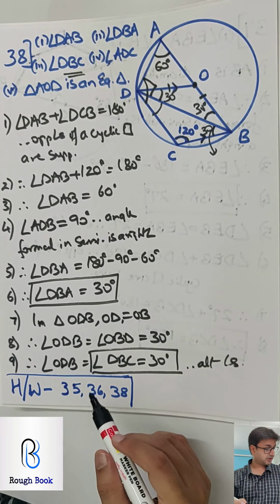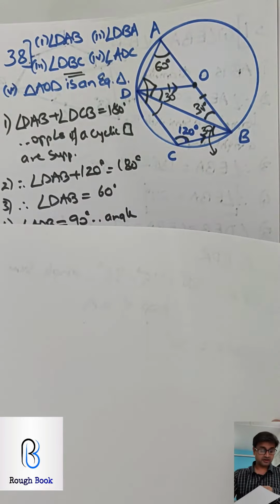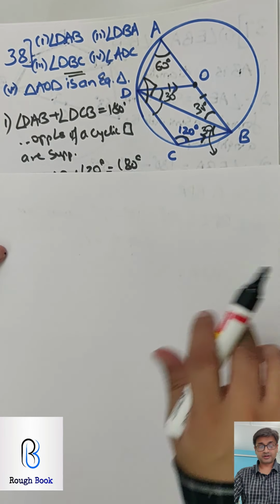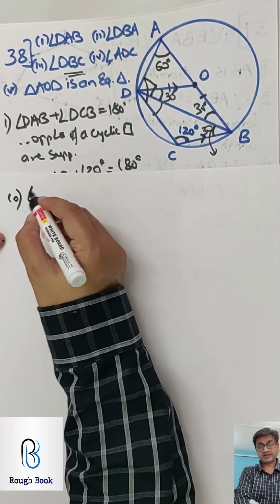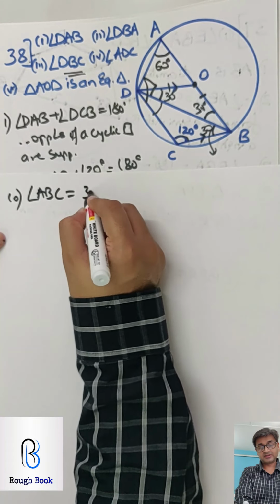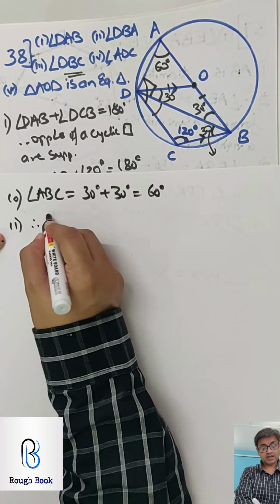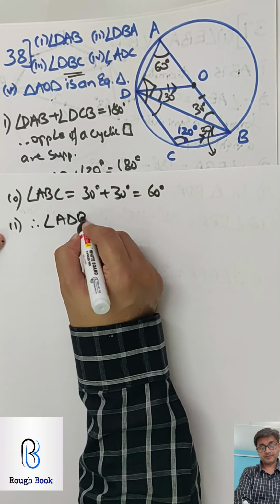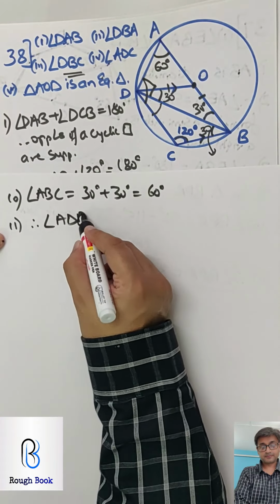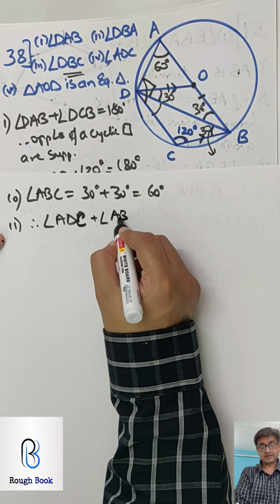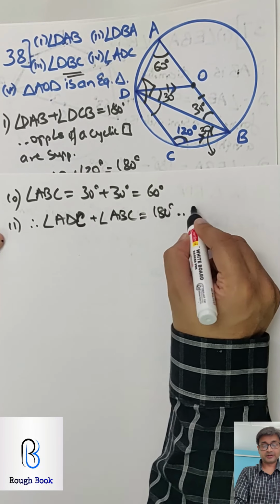So step number 10. Let me take a fresh paper. Step number 10. I will say angle ABC is 30 plus 30, 60, and therefore ADC plus ABC equals 180.